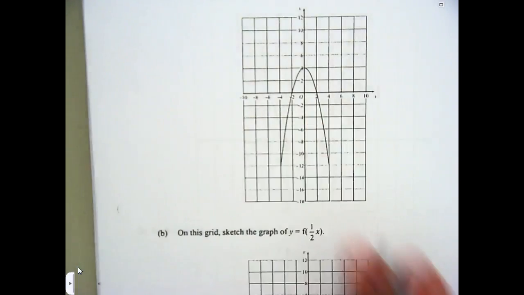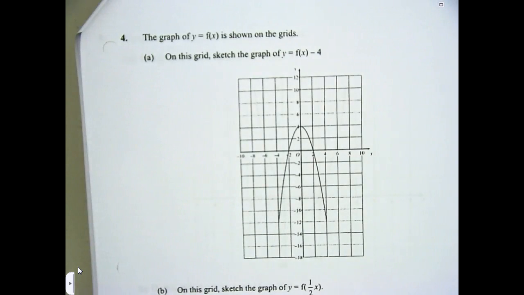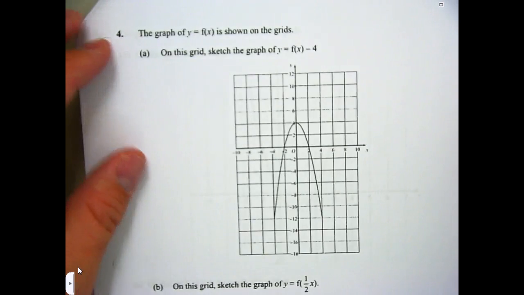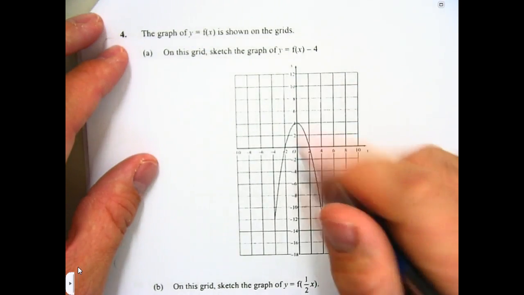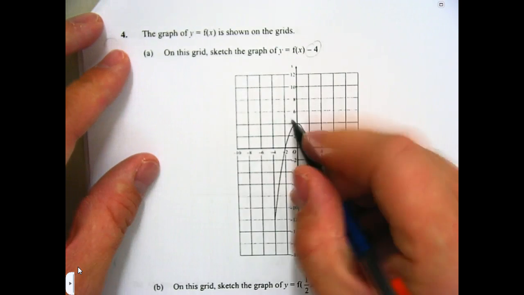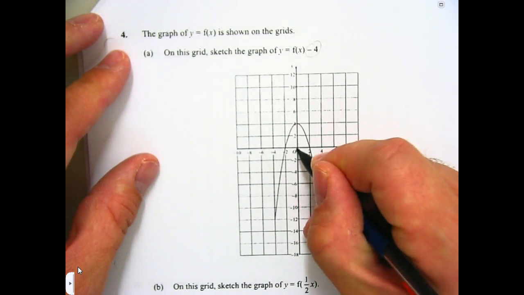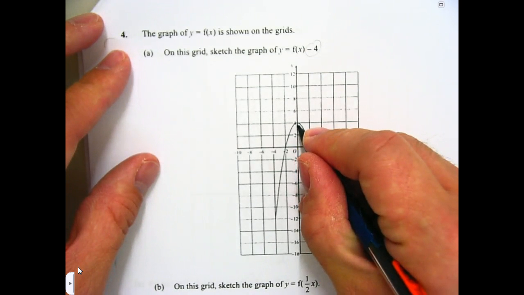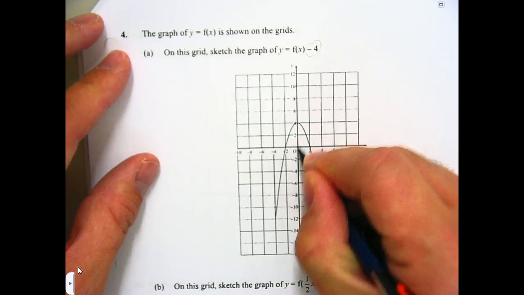Okay, number 4 here says the graph y equals f of x shown on the grid. On this grid, sketch f of x minus 4 there. So that means the graph moves down 4 units. Notice the scale here, though. What's our y-axis going up by? 2. So when I go down 4 units, I'm actually going down 2, 4.